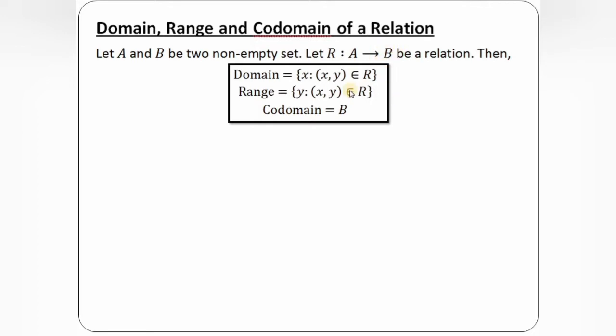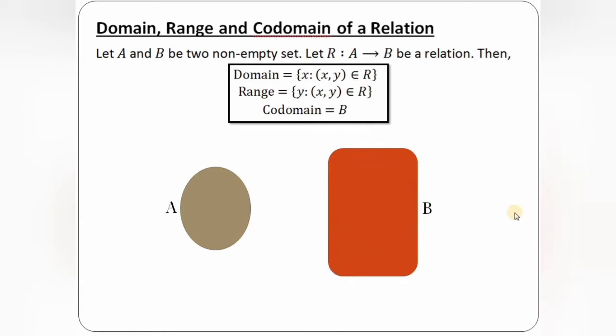Now let's try to understand this using the diagram. This is my set A and this is my set B. There's a relation R from A to B. The first set is known as your domain. This entire set B is known as your codomain.